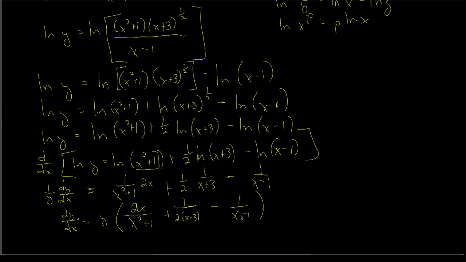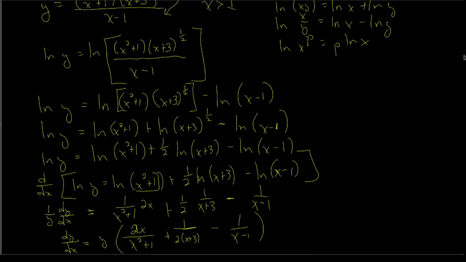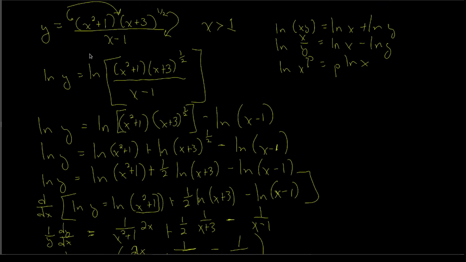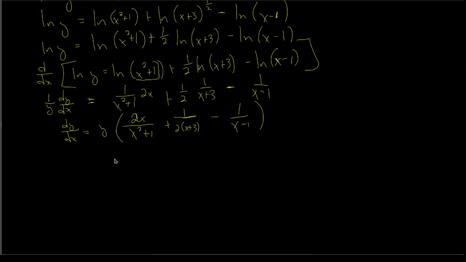And we've got the beginning of the form of an answer. We could try to clean this up a bit, and I think the only thing I have to plug back in is remembering my original y was this. So I'll do that now.